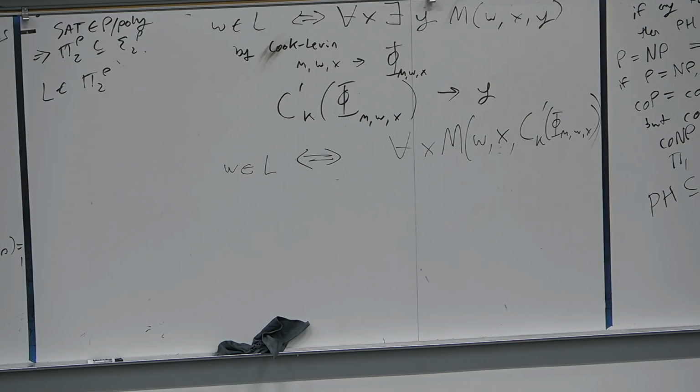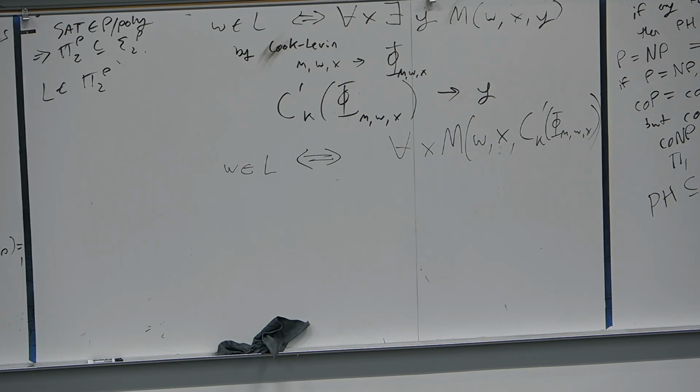Another search circuit? We could obtain the circuit through another search. The circuit C_k prime, k is just some parameter of the circuit family, solves SAT in polynomial time. Nah, let's not say that.